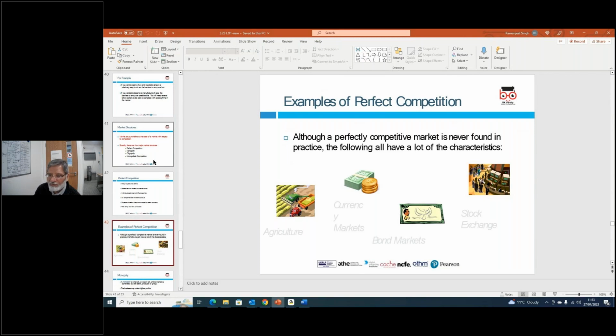Okay, so examples of perfect competition: currency. Currency, correct, right? Banking, currency, stock exchange, all these bigger companies, because the IT knowledge is there, people can come out, people can go, little restriction and so on.